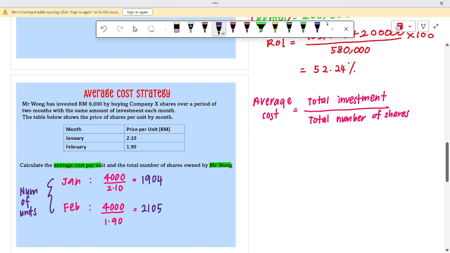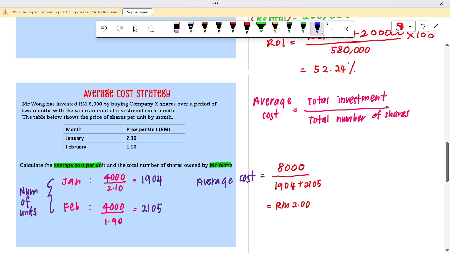Okay. Next step, to calculate your average cost will be your total investment, the money you invested, 8,000 ringgit, divided by the number of units that you have. So 1904 plus 2105. So your price will be RM 1.9955, so we can round off to 2 ringgit.